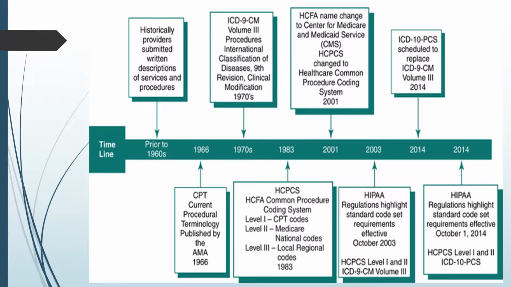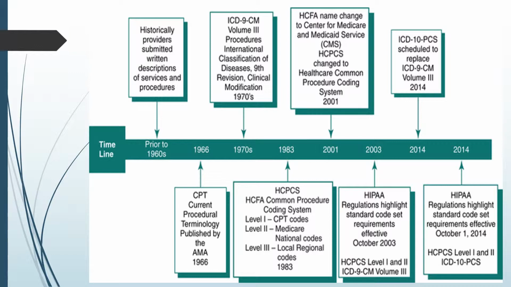On this slide, you will see a timeline from prior to the 60s all the way up to 2014. This is the earliest I was able to locate. Prior to the 60s, historically, providers submitted written descriptions of services and procedures. Now, HIPAA regulations highlight standard code set requirements, which became effective October 1st of 2014: HCPCS Level 1 and 2, ICD-10, PCI.